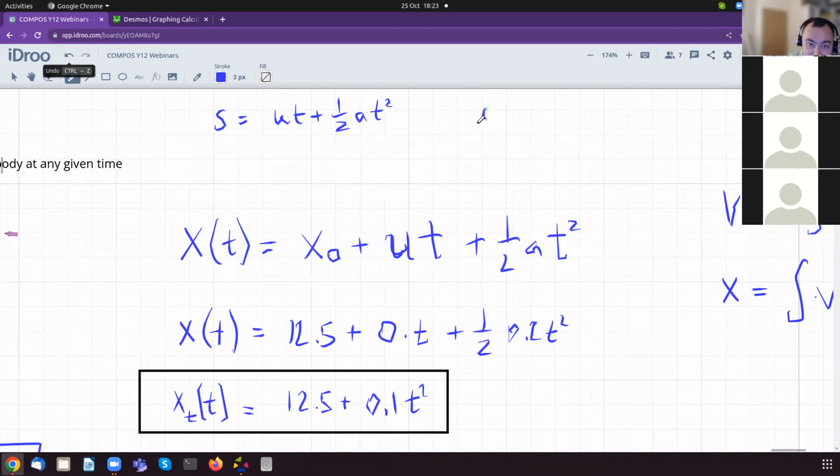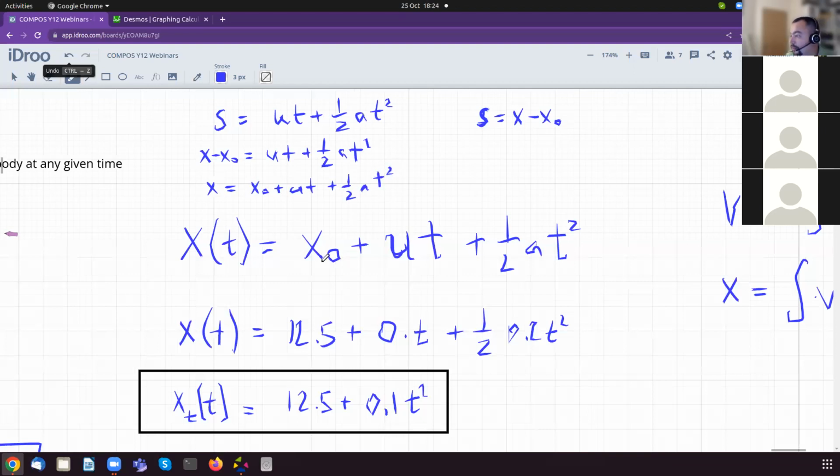But by definition, we know that s is x minus x0, the current position minus the initial position, because the displacement vector is the final position minus initial position. So we have x minus x0 equals ut plus 1/2 at squared, and we have x equal to x0 plus ut plus 1/2 at squared.